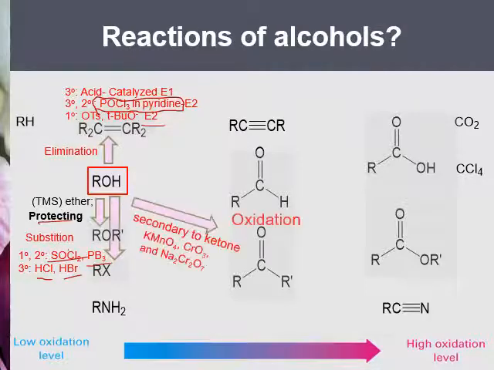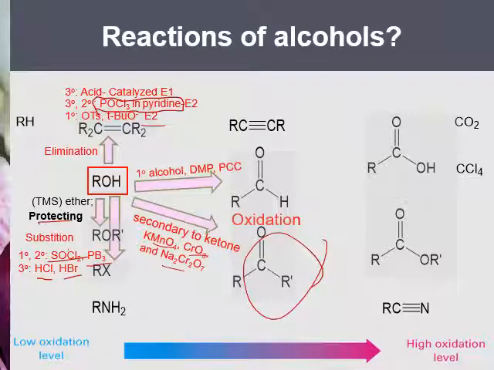Alcohols can be converted to ketones, aldehydes, and carboxylic acids by oxidation reaction. Tertiary alcohol does not work. Secondary alcohol always forms a ketone. We can use potassium permanganate, chromium oxide, or sodium chromate. If it's a primary alcohol, we need to pay attention to the oxidizing reagent.